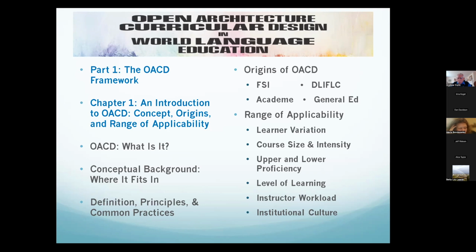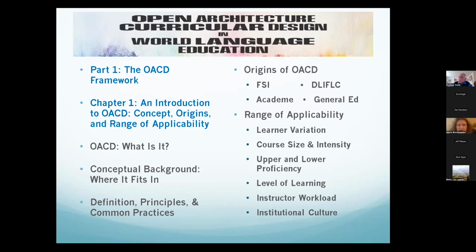Yes, but there are certain challenges that you might encounter, and the chapter goes over those and shows you how you deal with them. Course size and intensity: big courses, small, multi-section, single section. These are all challenges and questions that have arisen, and we show you how to deal with them.